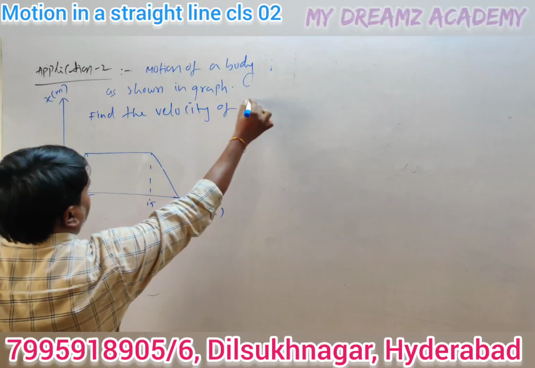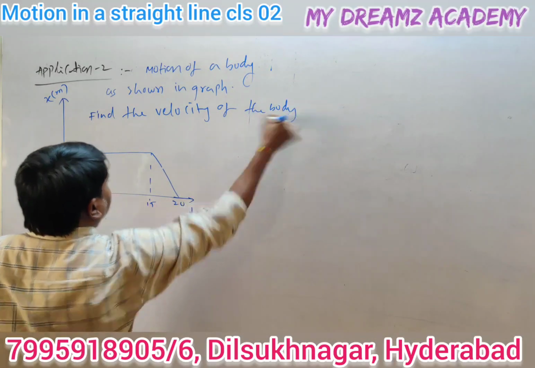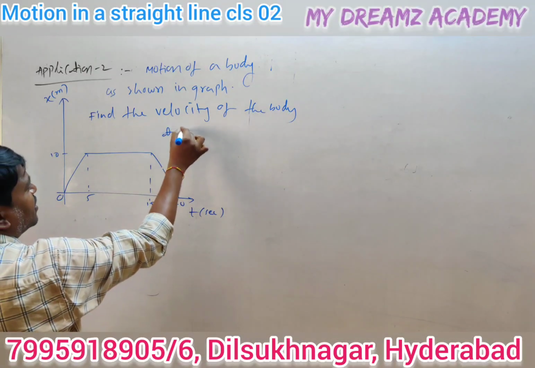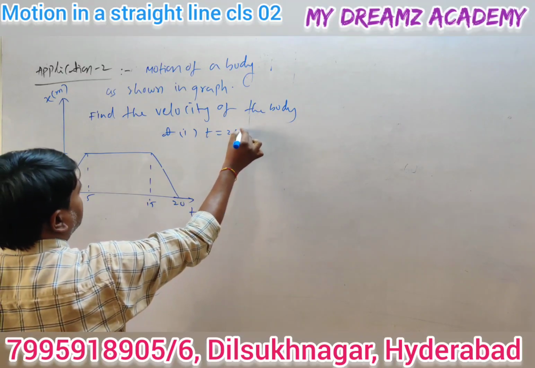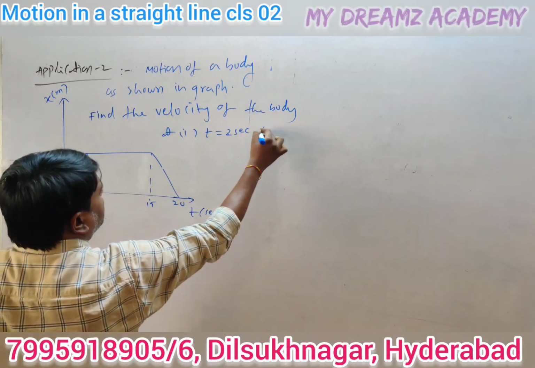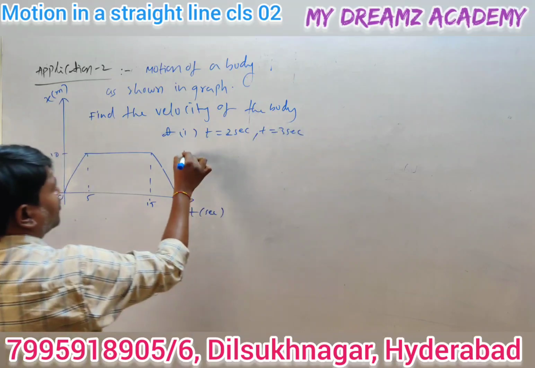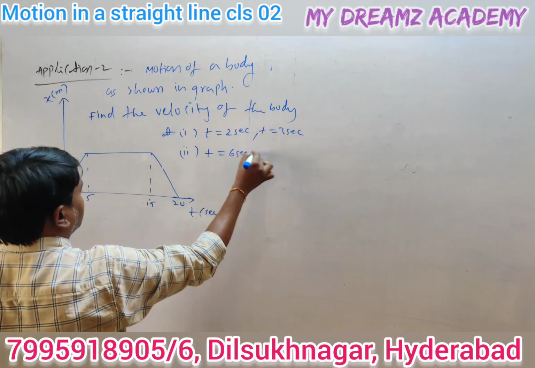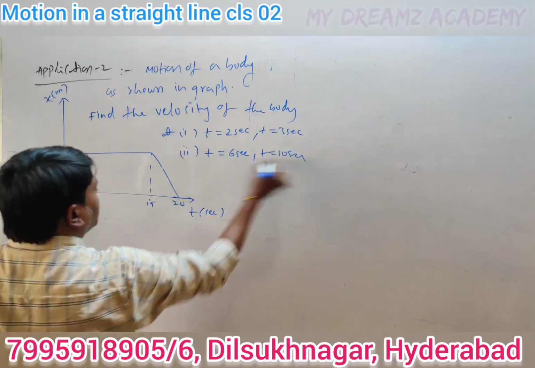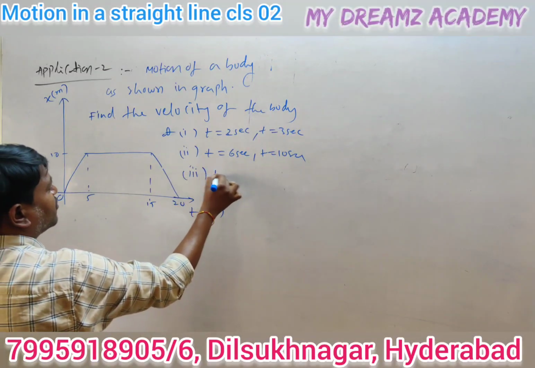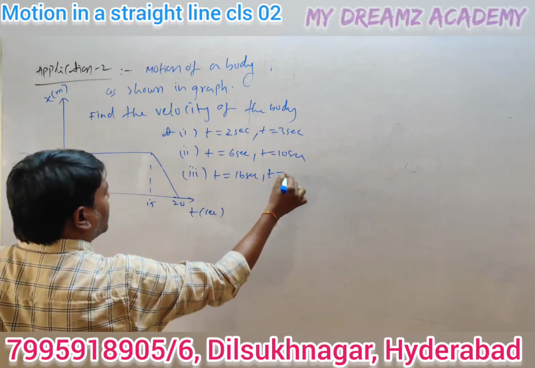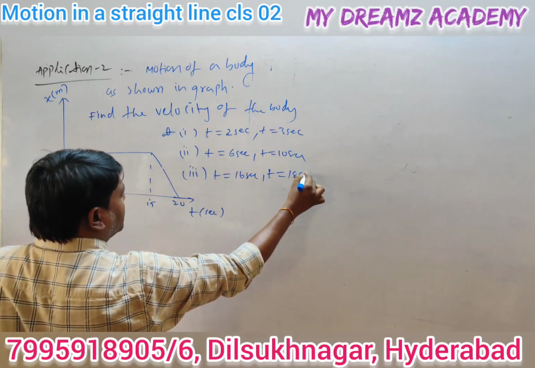Find the velocity of the body at different times. First question, at t equals 2 seconds, t equals 3 seconds. Second question, at t equals 6 seconds, t equals 10 seconds. Third question, t equals 16 seconds and t equals 18 seconds.